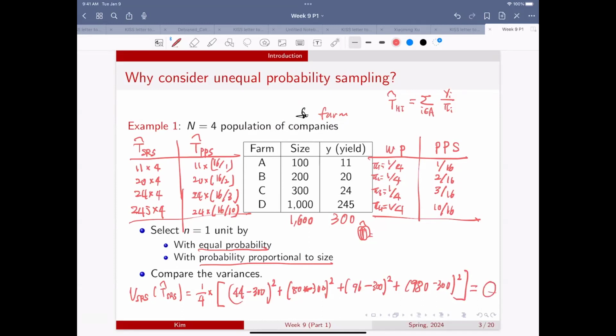Something looks very large, right? You have 960 minus 300 squared, which will be quite large.